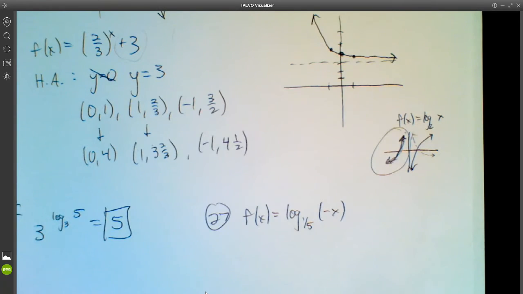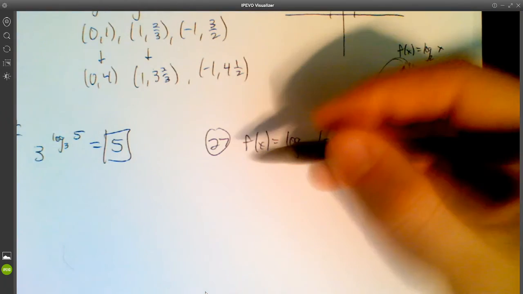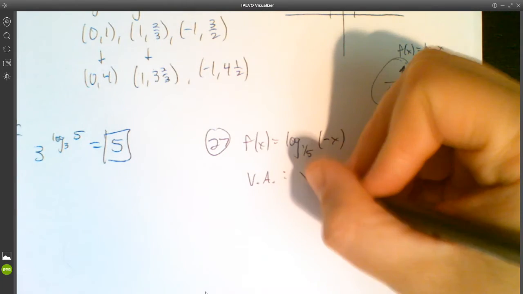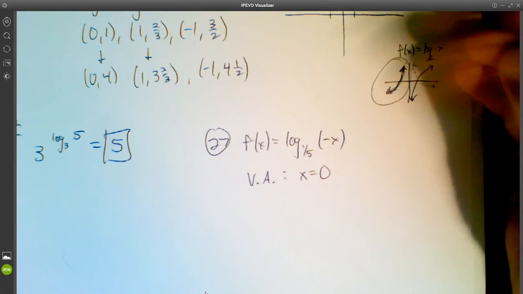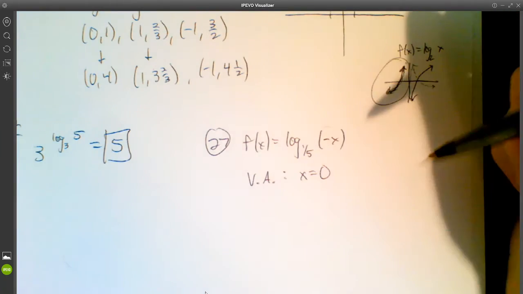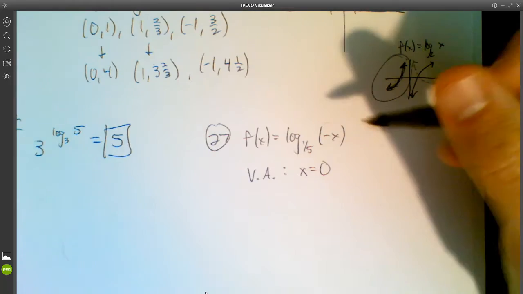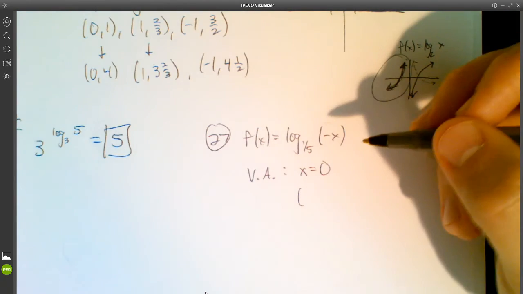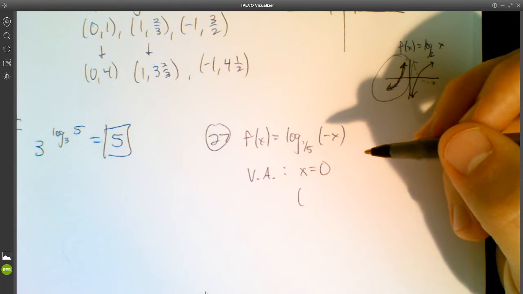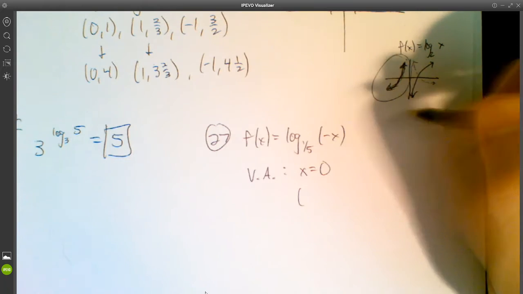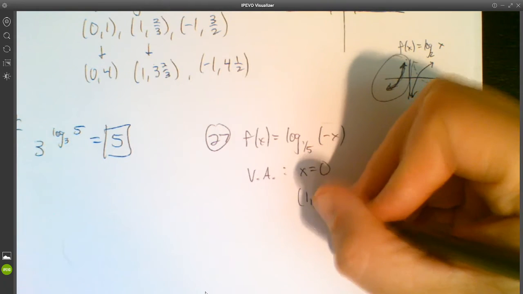But if we wanted to graph it a little bit more carefully, what we would say is, first of all, this thing has a vertical asymptote at x equals 0. Unless it's been shifted left or right somehow. This one hasn't been shifted left or right, so the vertical asymptote is still at 0. And then it usually goes through, now logarithms go through the same points as their exponential counterparts, but with the coordinates switched. So instead of going through 0, 1, it's going to go through 1, 0.